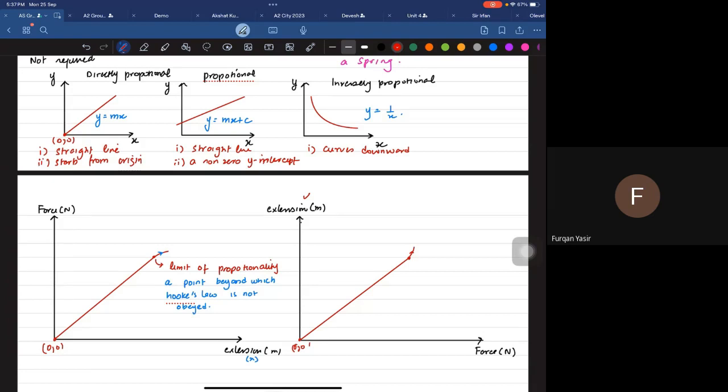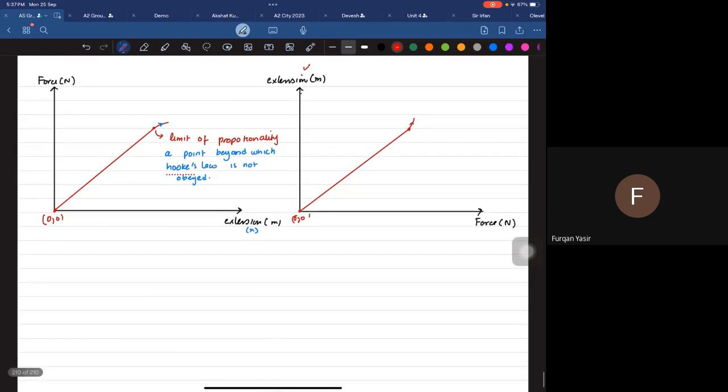Well, it's good. Now let's do a question from here, and you guys are going to do that, and then we're going to go forward. For example, it says a spring is loaded with 5 kilogram of mass.